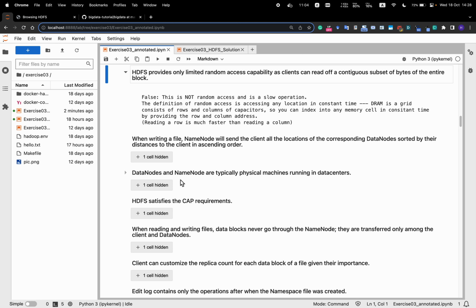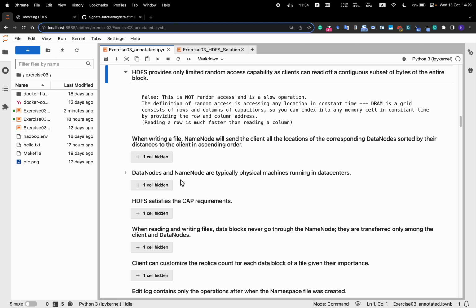Question? But in HDFS, reading any address is in constant time. The constant time is just that you have to download the block in which the location is. So it's still random access, but it's slower according to your definition.